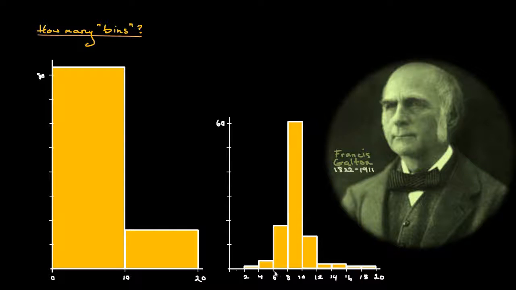How about though if we increase the number of bins, so that instead of going up in twos, we go up in ones? So in other words, that we have 20 bins. So let's have a go at that. Okay, let's number this up.